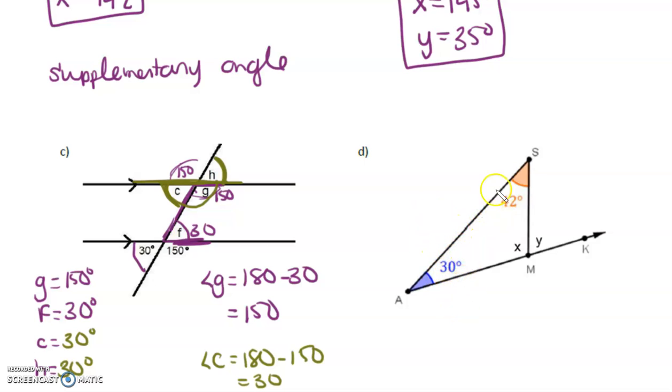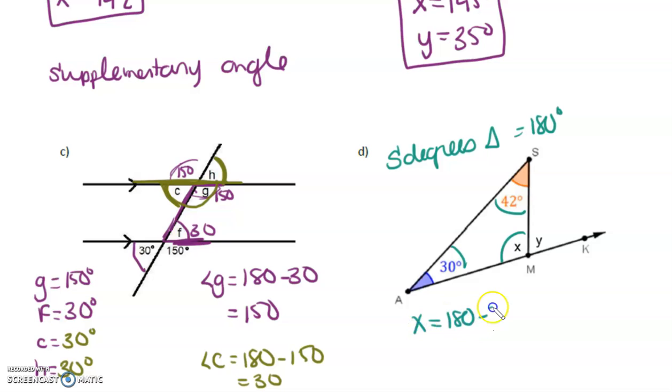Okay, D. Inside this triangle, the sum of the degrees in a triangle is 180. So we have 30, 42, and x. So x is going to be 180 minus 30 minus 42. So angle x is going to be 108 degrees.